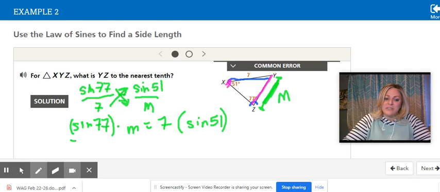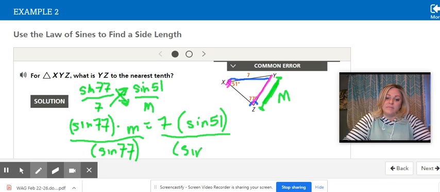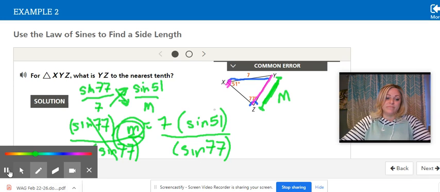But to be honest, I would just do this first. Sine 77. Divide that on both sides. And when you do this, you can solve for m. So m would equal 7 times sine 51 divided by sine 77.